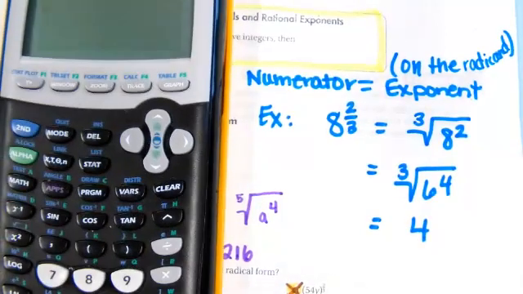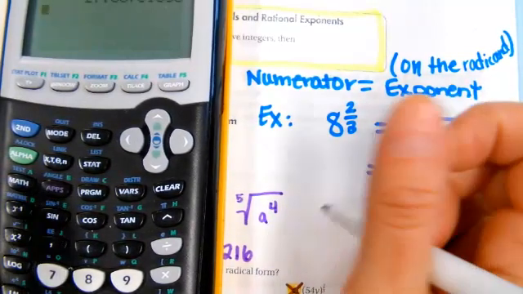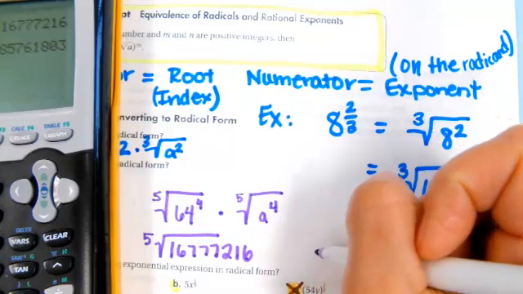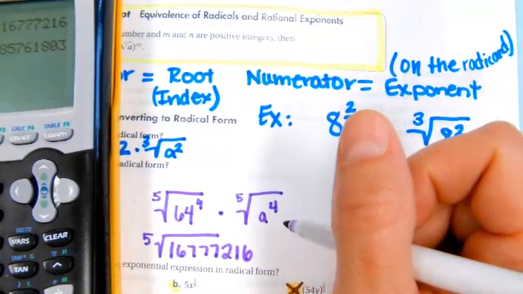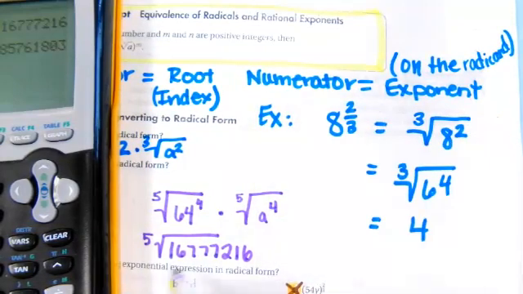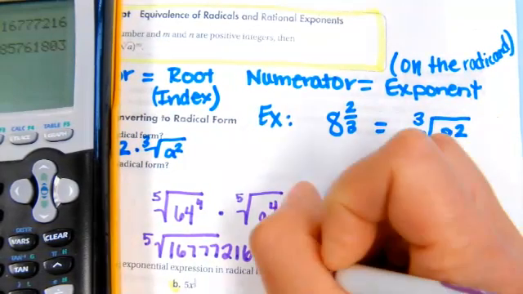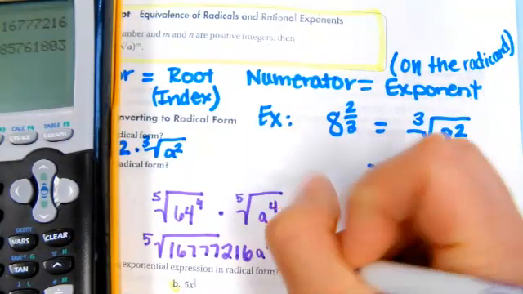Then press enter. And this one is a decimal. Sometimes this is going to give us a decimal. So we either use the decimal or we leave it like this, and then we put a to the fourth on it.